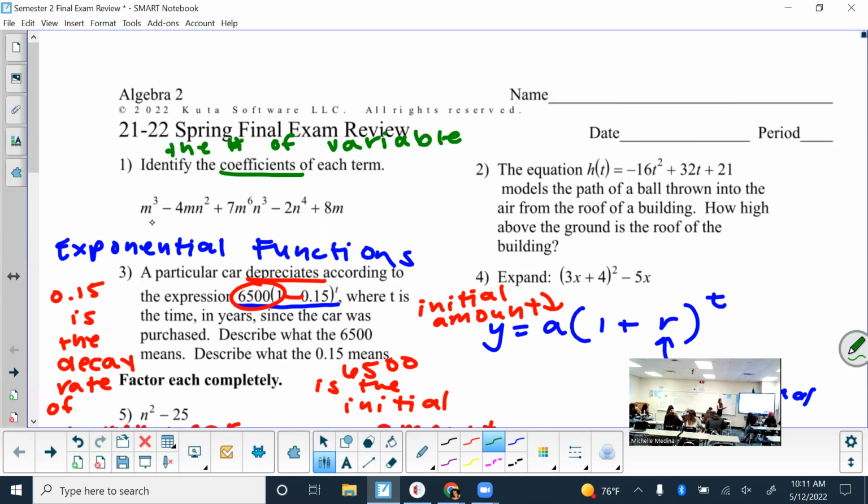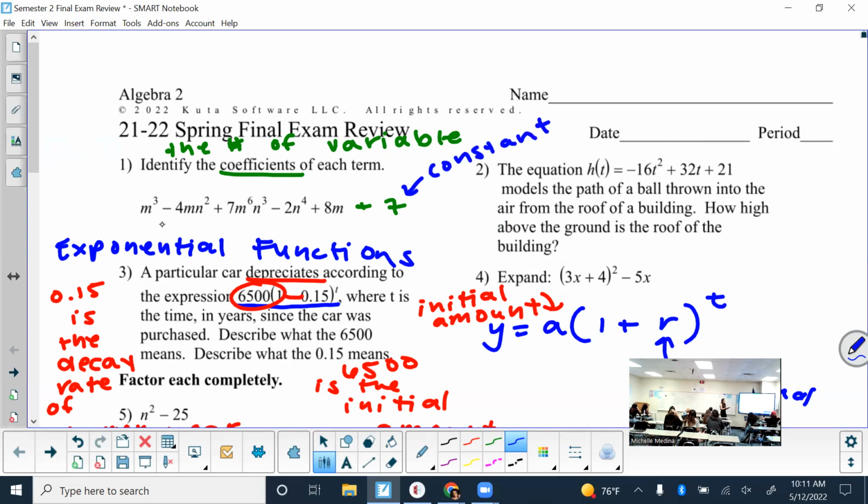There's no constants in here, but let's say we add one, like +7. Would 7 be a coefficient then? No, because it's not in front of a variable. 7 is a constant. I just saw a coefficient so far, but just so you know, that's a constant if there's no variable.